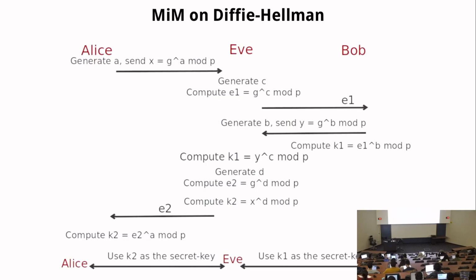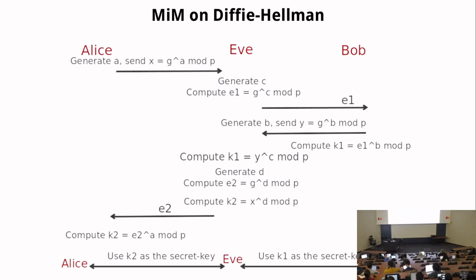So how does the attack work? Let's say we have an attacker, Eve. Eve can intercept the messages between Alice and Bob. And Eve can send messages to Alice and also Bob. The idea here is very simple.